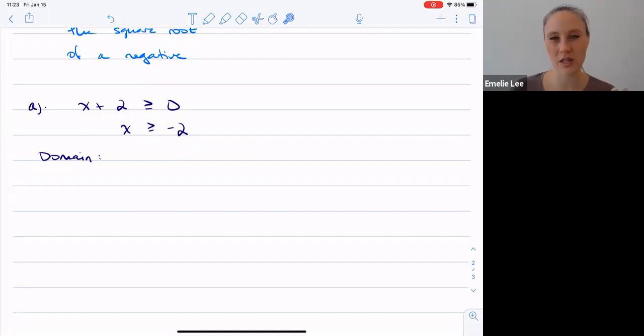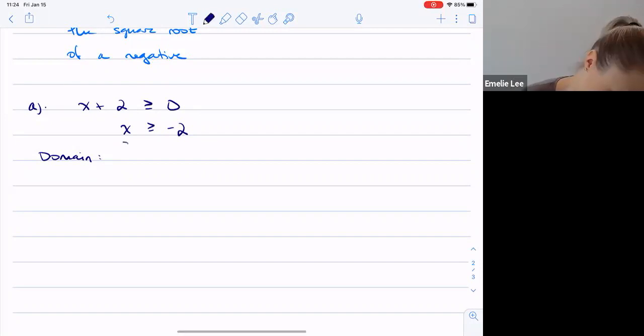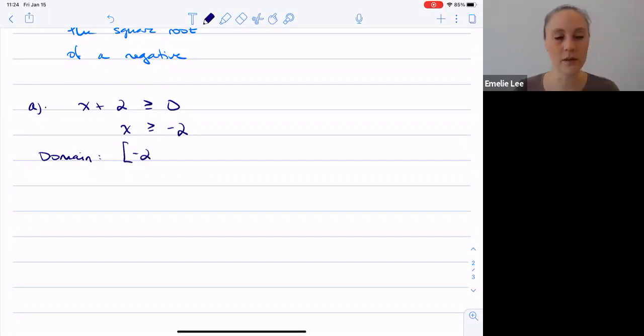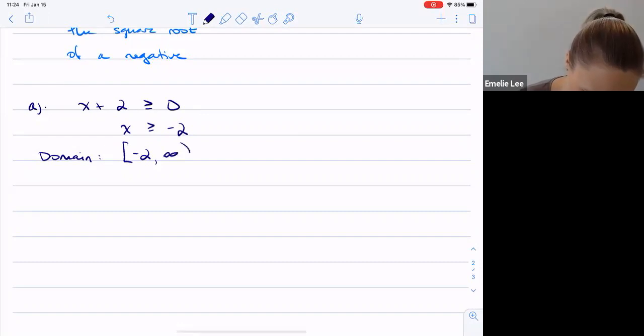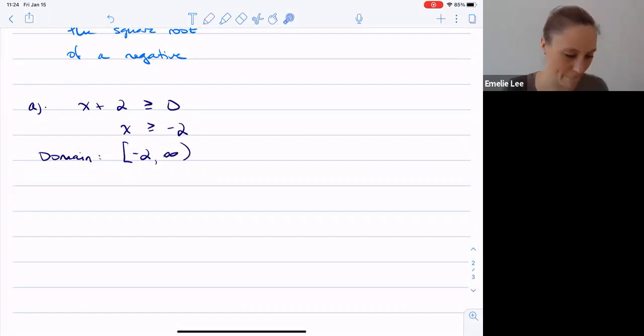So you can always check your way back and make sure that what you're saying makes sense. So starting at -2, including -2, and then we're allowed to go up to positive infinity.